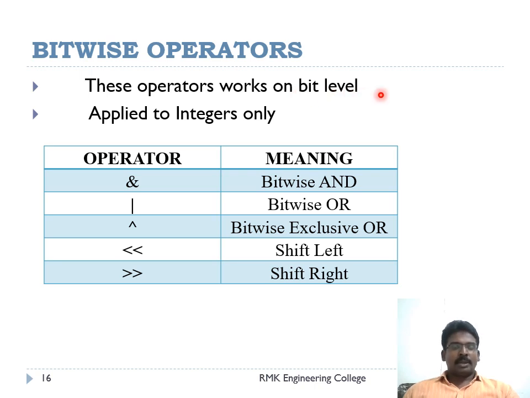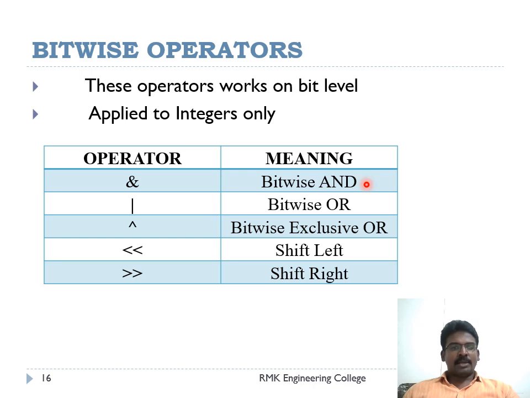For example, if a decimal value is 10, then it will be converted into binary first, and based on the binary digits, these operations can be done. That is, bitwise AND, bitwise OR, exclusive OR, shift left and shift right. Bitwise AND is just like the logic gates we use in electronic devices.